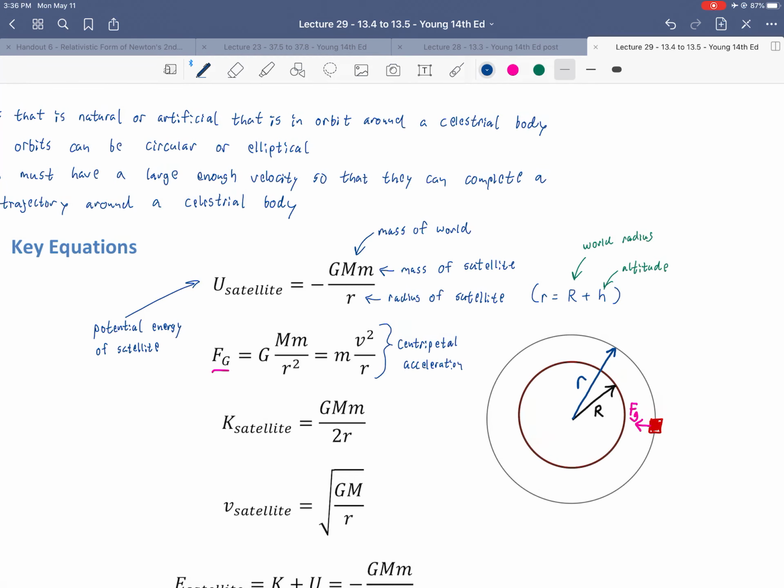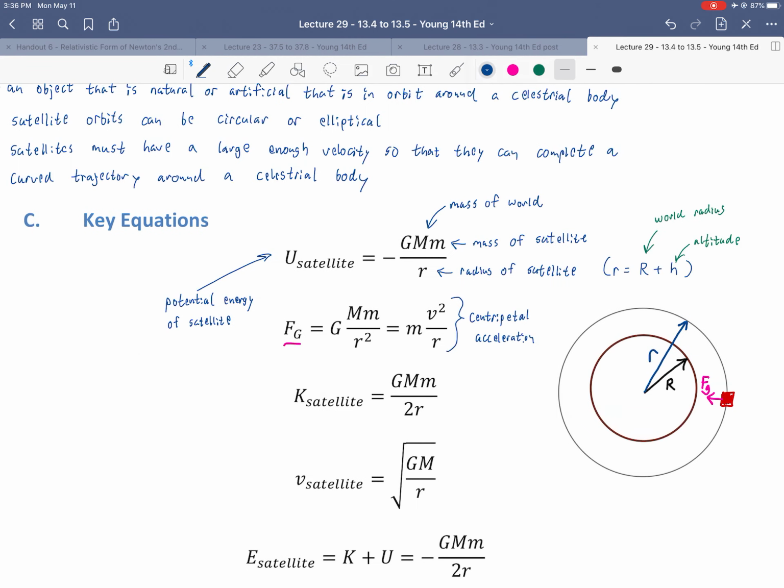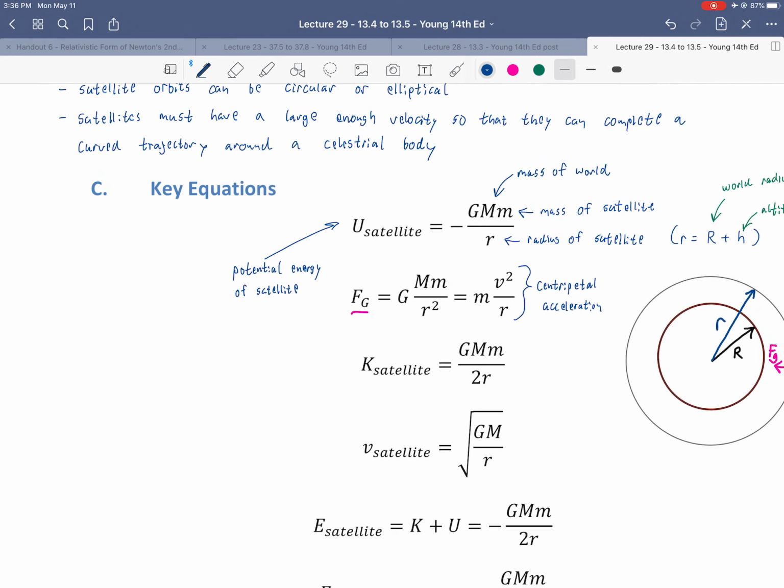Okay, so then let's go ahead and solve for v. Okay, so then we can say from F net on the satellite, we would have v squared would equal, we cross multiply by r, and we divide both sides by m, which would cancel.